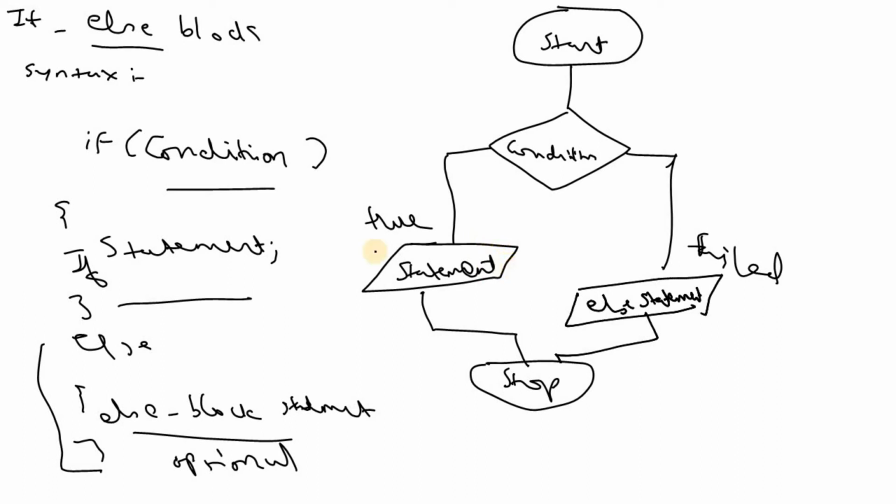So this is if block, and this is if else block. In all programming languages we use control structures mostly to implement logical programming. So I hope you understand now the syntax and flowchart of if and if else block.